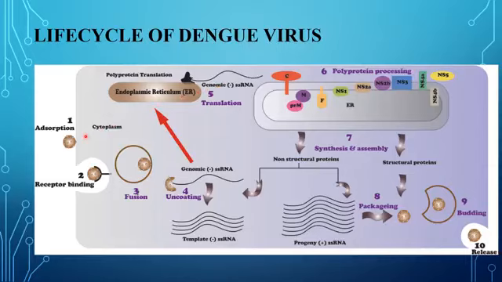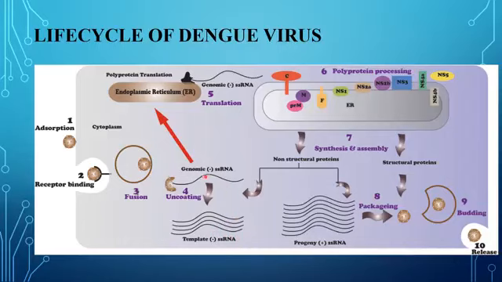Then the virus attaches to these receptors and is absorbed into the cytoplasm. Then fusion of the virus occurs, and uncoating takes place. It releases its genomic RNA into the cytoplasm, and the genomic RNA forms other single-stranded RNAs.